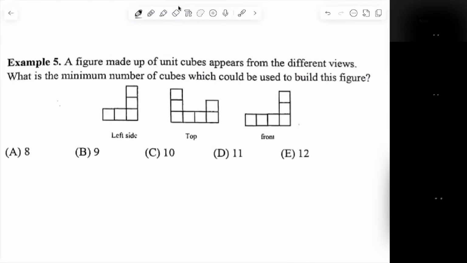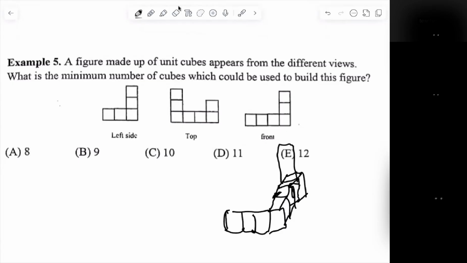All right, so basically, what do we do? Notice that, what is the minimum number of blocks used to build this figure? Now the left side looks like this, the top side looks like that, the front side could look like that. So it should look something like this. About 4 blocks. There's going to be a 3 block tower.